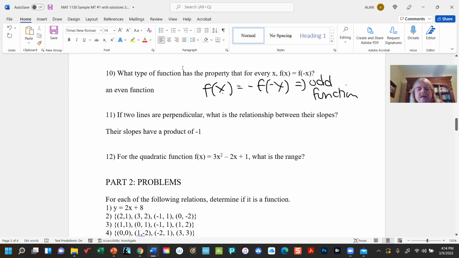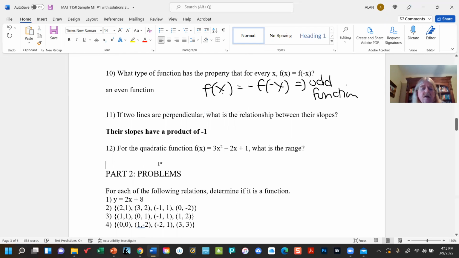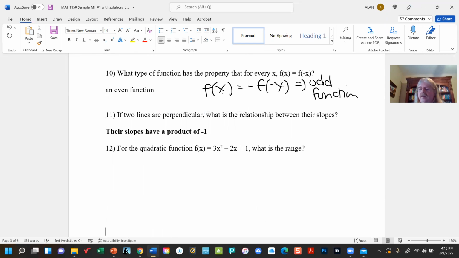How about this quadratic function? What is the range? Well, you recall that we did this just a little while ago. A is positive.